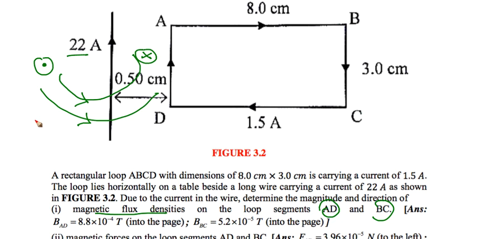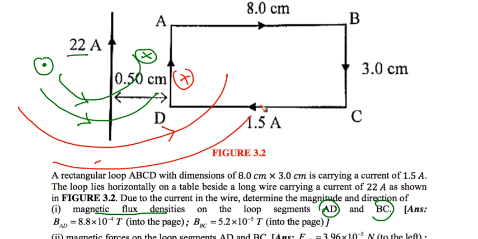If you look at AD, the magnetic field here is into the page, and by the same process the field at BC is also into the page.